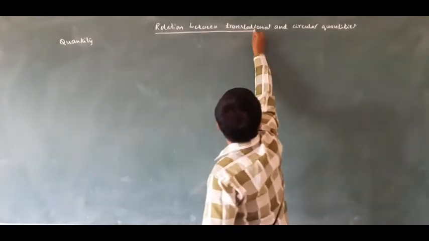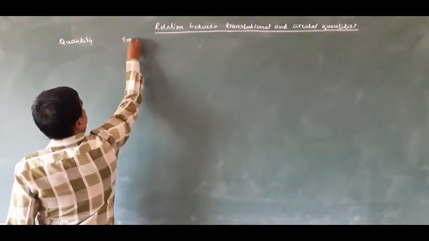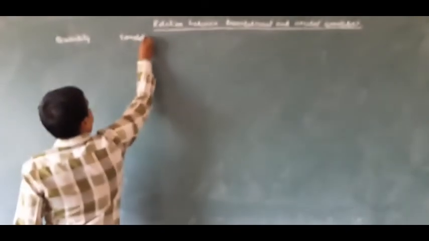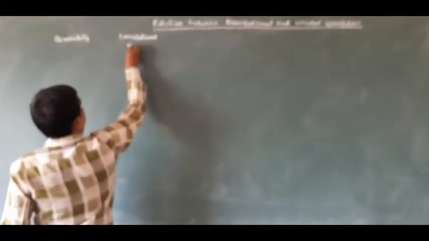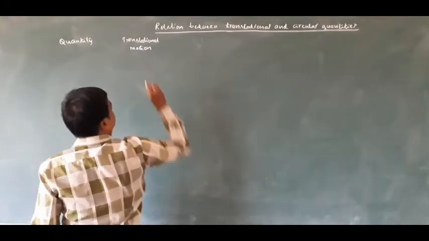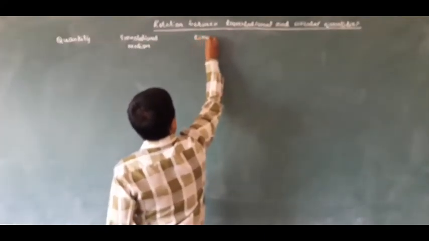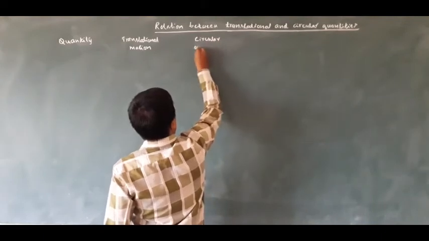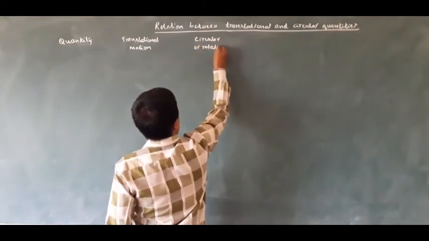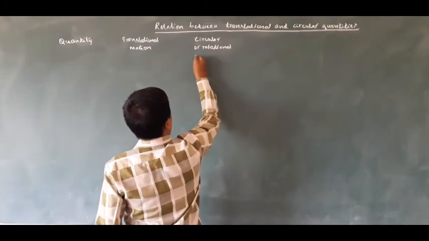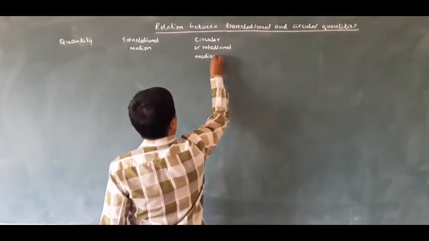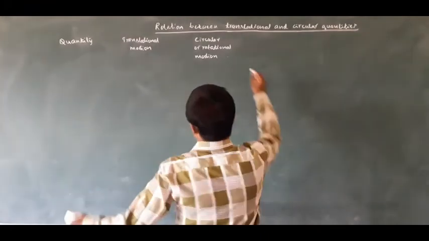Relation between translational and circular quantities. We take quantity here, then translational motion, then circular or rotational motion, in this one, quantity again.